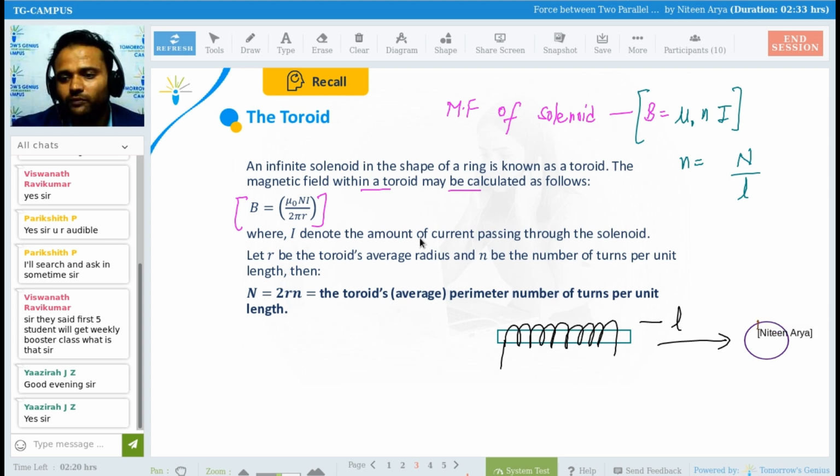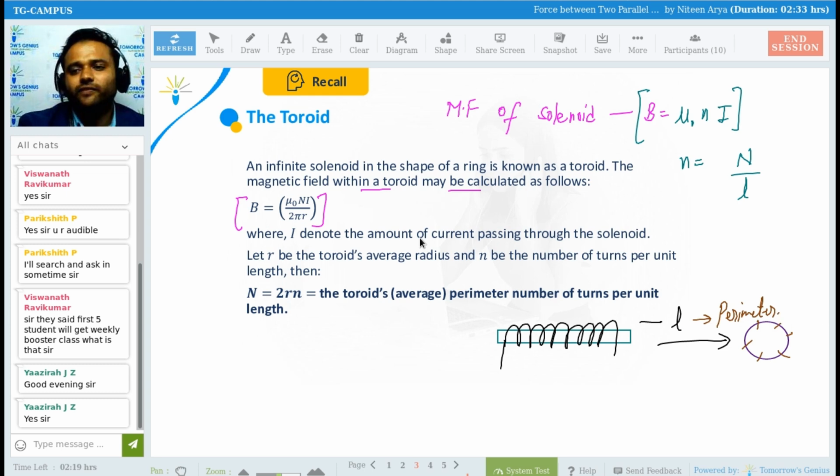Now my length is converted into a perimeter, the circumference. Instead of circumference, you can say perimeter. And the perimeter of a circle is nothing but 2 pi r.